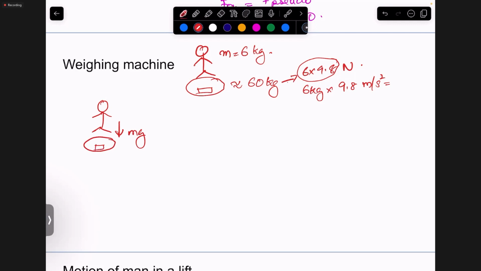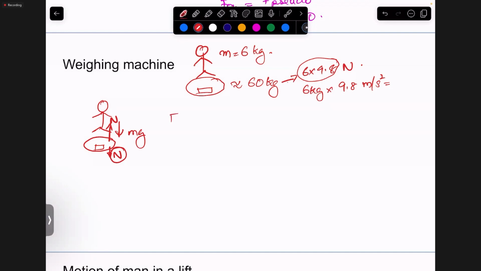Because of this mg force, there will be a normal force on this weighing machine, and this person will also experience a normal force given by this weighing machine, right? So what is being calculated here? The normal force on this weighing machine. This normal force is what is being shown by this weighing machine.